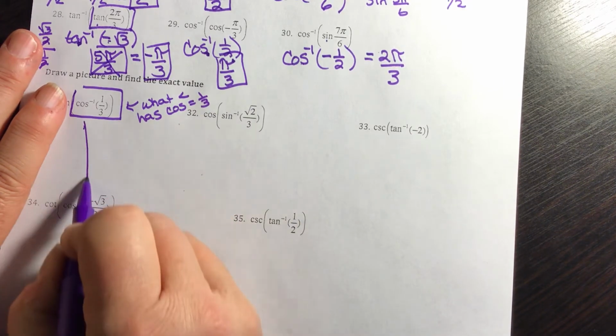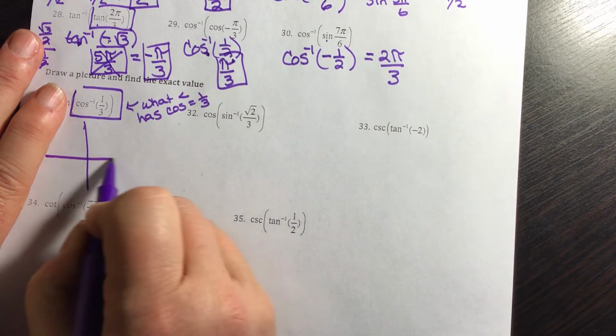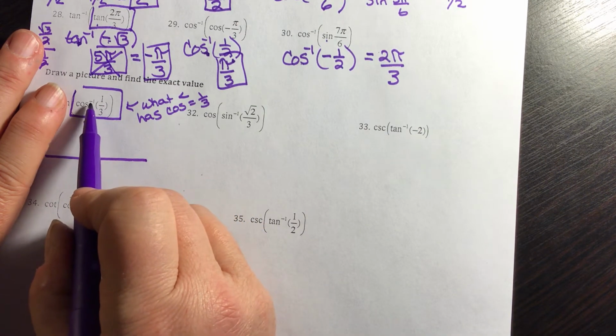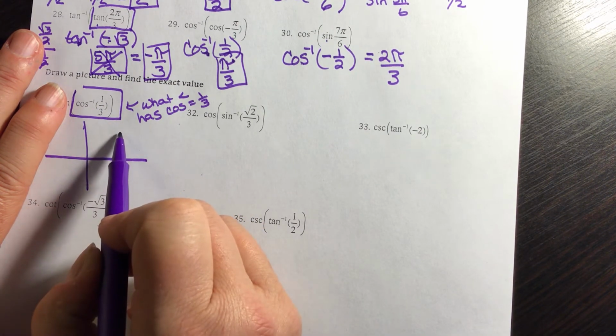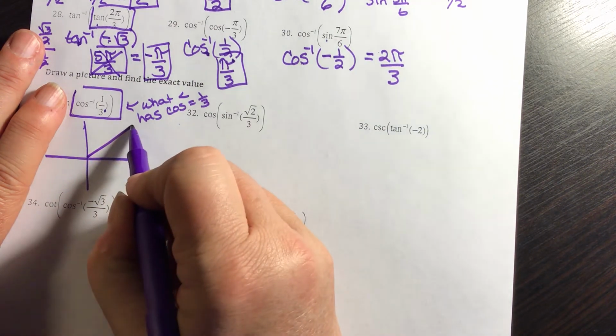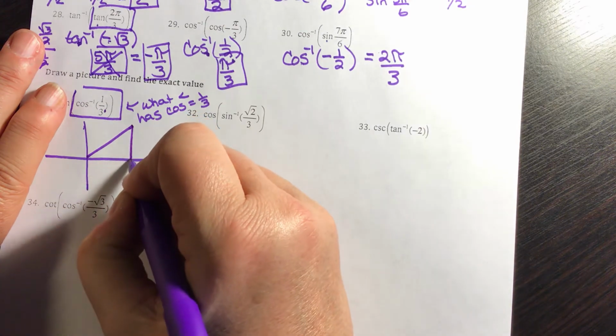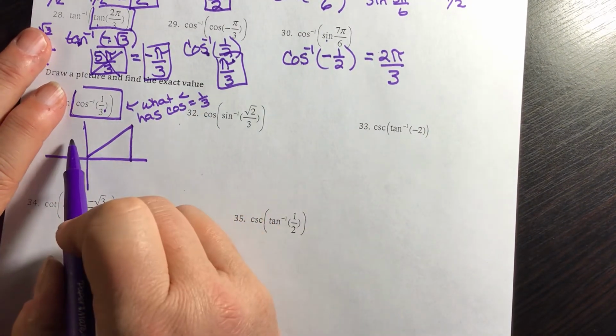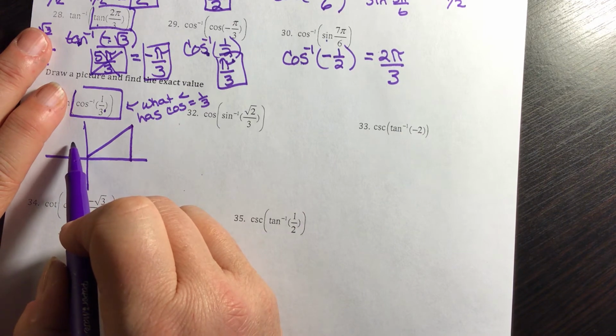Cosine is in quadrants 1 and 2, and this is a positive number, so it has to be in quadrant 1. If it were in quadrant 2, cosine would be negative.